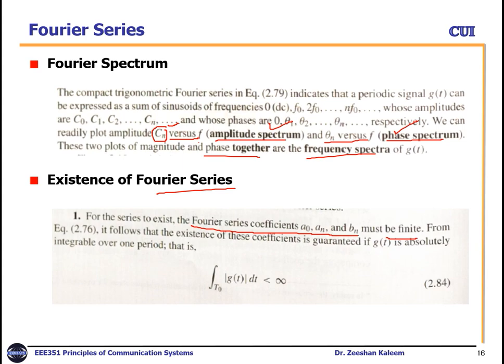From equation 2.76, it follows that the existence of these coefficients is guaranteed if g(t) is absolutely integrable over one period. When the absolute integral over one period of the given g(t) is less than infinity, it means that the Fourier series exists.